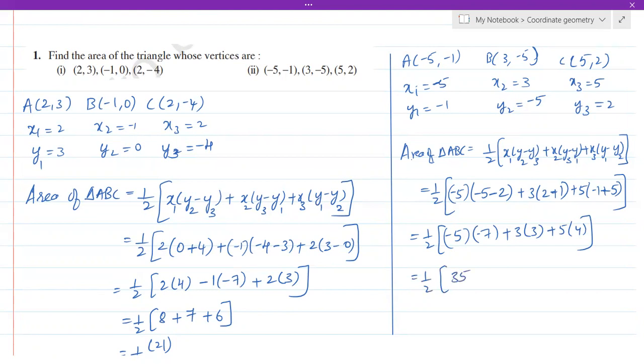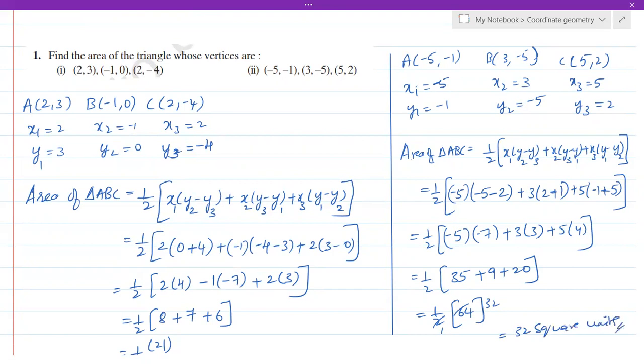Minus and minus is plus, 5 7s are 35. 3 3s are 9. 5 4s are 20. Okay. Half, 35 plus 9, 44. 44 plus 20 becomes 64. Half of 64 is 32. Therefore, the area is 32 square units.